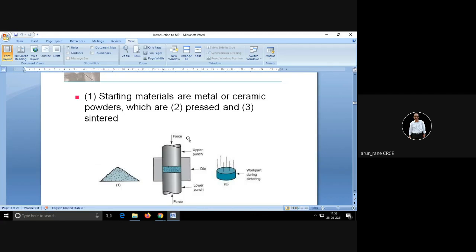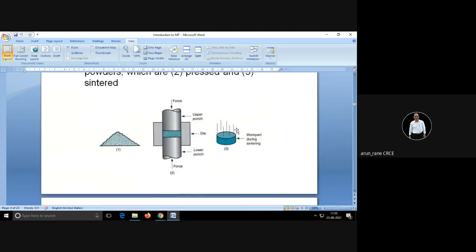Ceramic means the ceramic utensils we use at home, and you might have seen the brown colored insulators on power transmission lines, those are all made of ceramics. You may know ceramic tiles. So the limitation is that you should crush this metal or ceramic into powder, then only you can use this process.